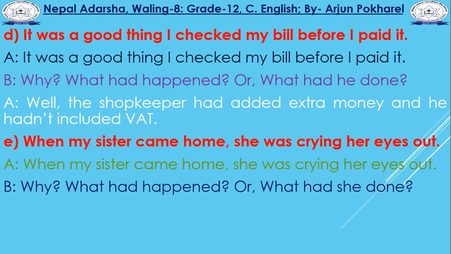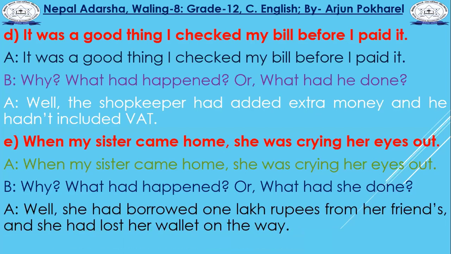So it happened because she had borrowed 1 lakh rupees from her friends and she had lost her wallet on the way. She had borrowed 1 lakh rupees from her friend's house, and while coming home, at that time she lost her wallet on the way.